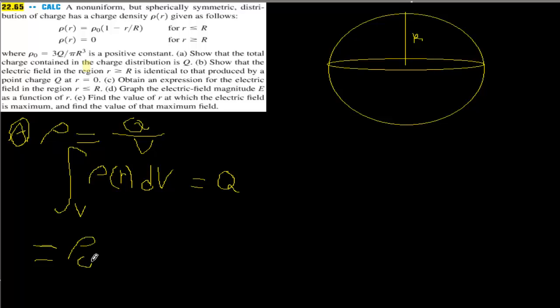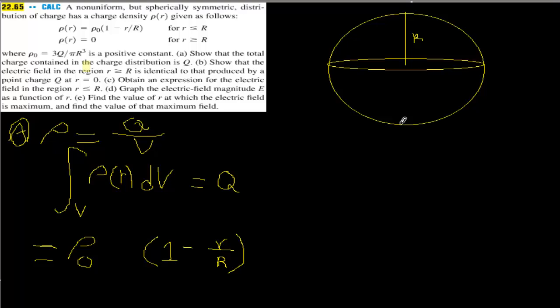Put that right there. Rho of r, because rho sub 0 is just a constant, multiplied by 1 minus little r, which is some point that we choose, divided by big R, which is the radius of the sphere and is therefore constant, multiplied by some elemental piece of the volume.